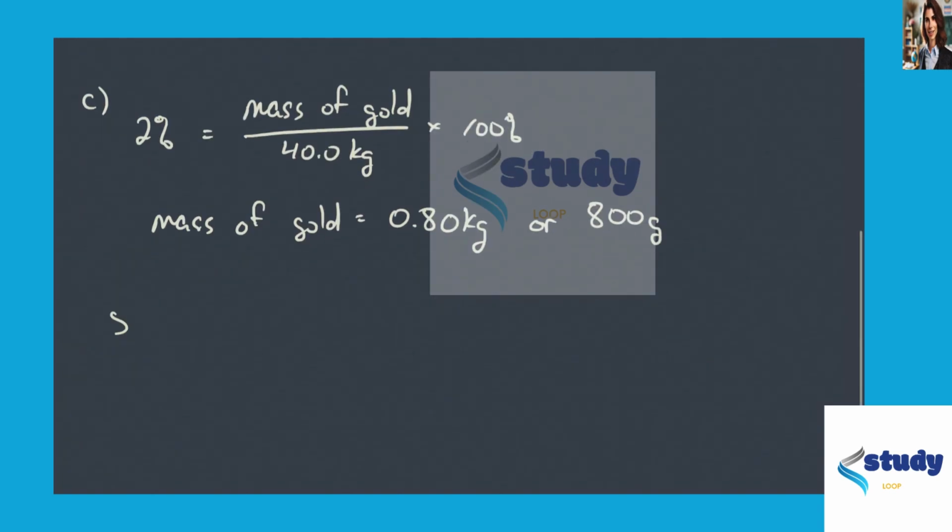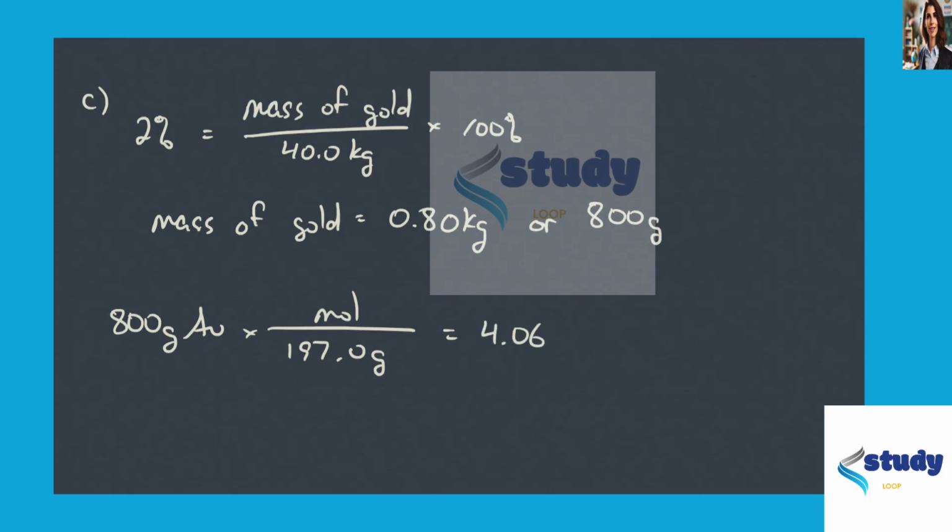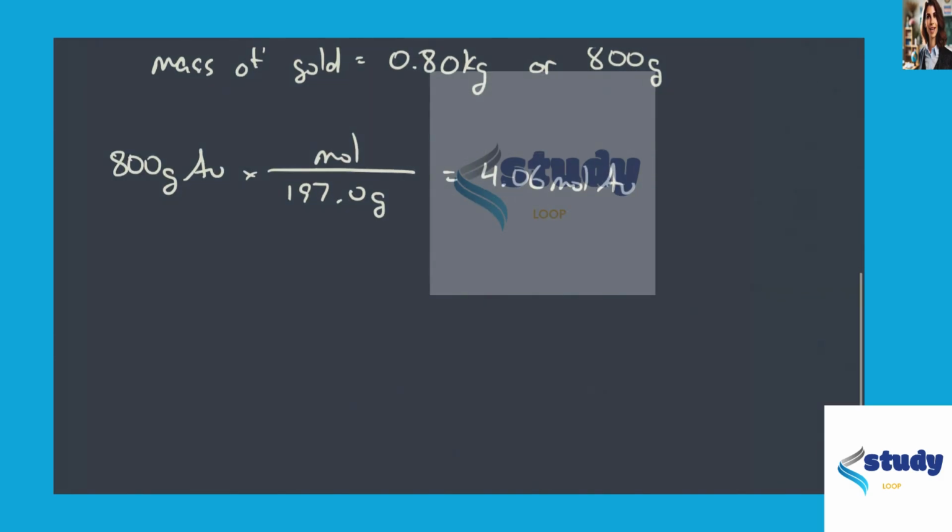And we can convert this 800 grams of gold, and the molar mass of gold is 197 grams per mole. So let's convert this into moles to give us 4.06 moles of gold. And since we know that, let's use our balanced equation that we have from the initial part of the question.